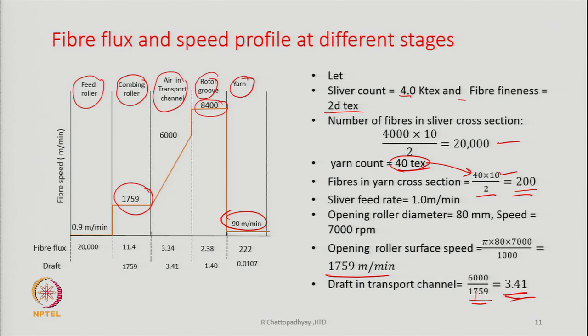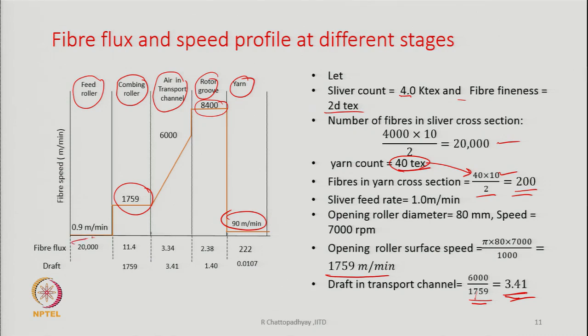That fiber speed we can find out from this diagram. And the second thing that we can find out is how many fibers are there in the cross sections. That data is also given depending upon the sliver count and the yarn count, the sliver count in actual practice, and we can find out these values.